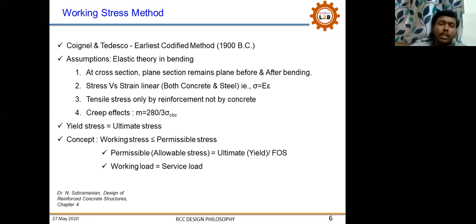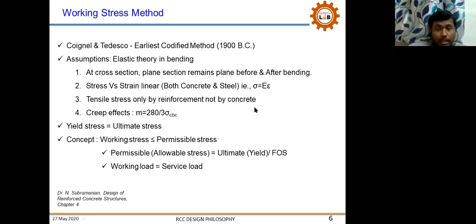People might have laughed, or they wouldn't have known how to consider it, but initially they have to start from some point. They cannot wander around. So they literally started to assume stress versus strain is linear.